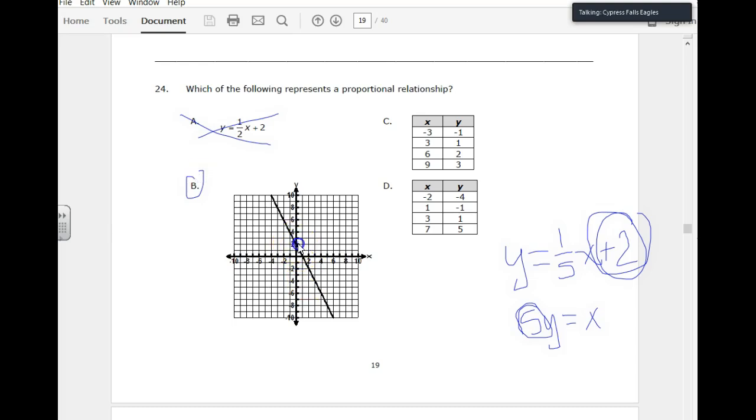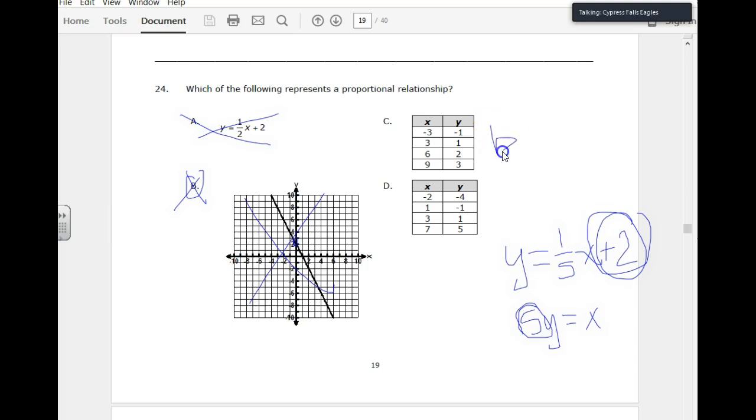The problem is when we add something to it, it's no longer a proportional relationship because this plus messes it all up. So for example, A, you're out of the running because the y-intercept is not 0. B, you're out of the running because you have a y-intercept other than 0. Now these don't make the y-intercept very obvious, so we need to actually find the slope or write the equation of the line. What's up? Why did you circle B? Okay. So we can do delta y over delta x and find the slope, and then you can find the y-intercept.